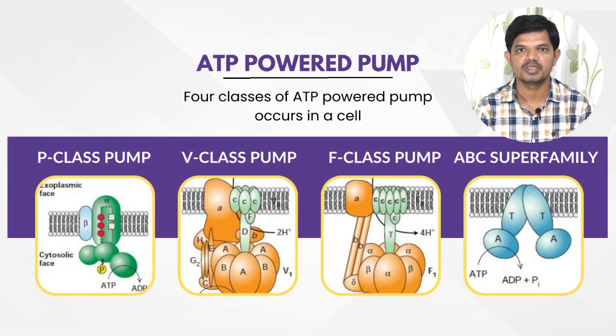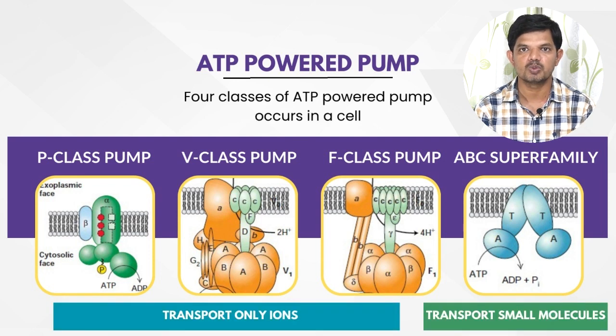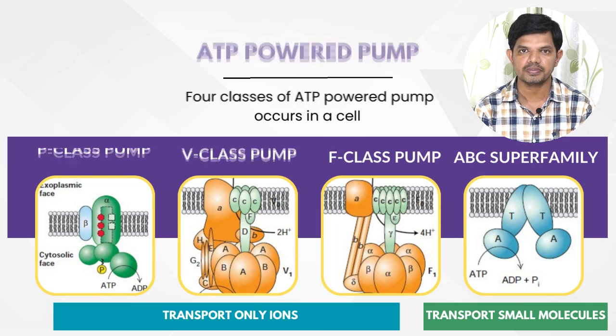All ATP powered pumps are transmembrane proteins with one or more binding sites for ATP located on the cytosolic face of the membrane. There are four classes of ATP powered pumps occurring in a cell. These are the P class pump, F class pump, V class pump, and the ABC superfamily. Three classes, P, F, and V, transport only ions, whereas members of the ABC superfamily primarily transport small molecules.